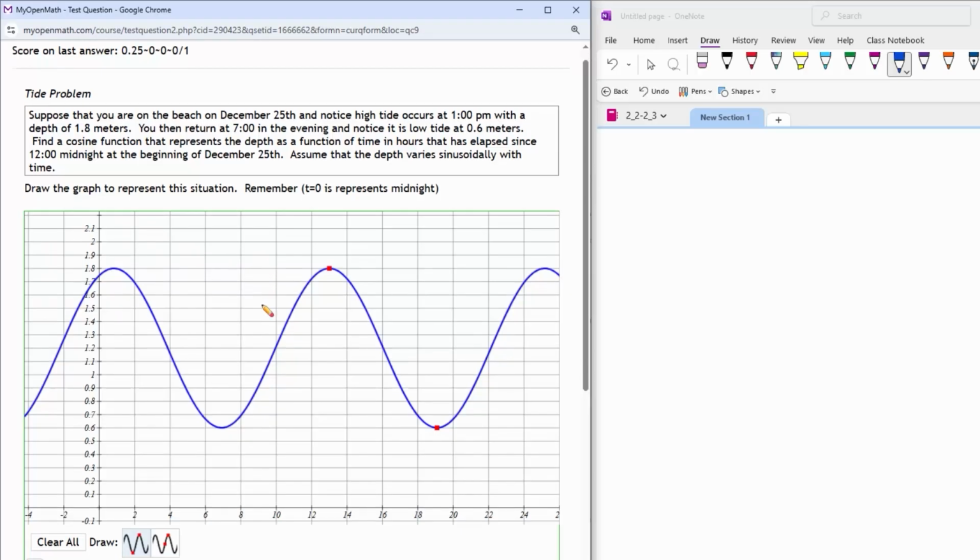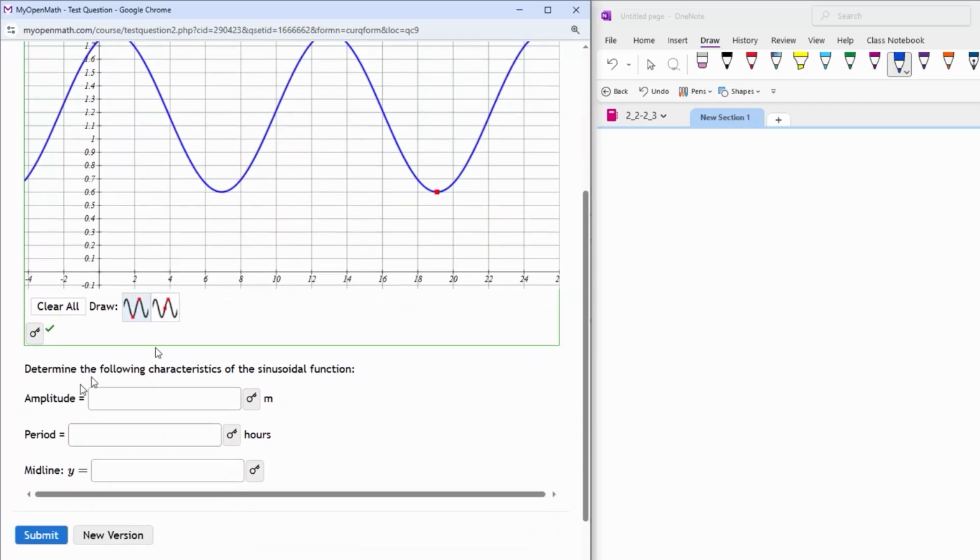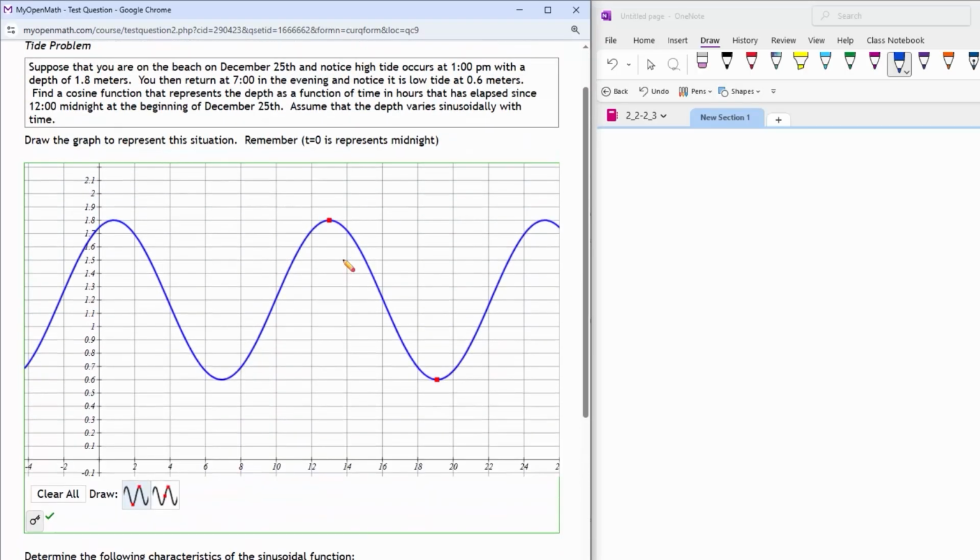But you don't want to do that yet. You want to fill in the amplitude. Okay, what's the amplitude? Well, the amplitude is, we think of it as how high the wave gets, but the wave is translated up from what you're used to. So really it's just the height past the midline, the maximum height past the midline.